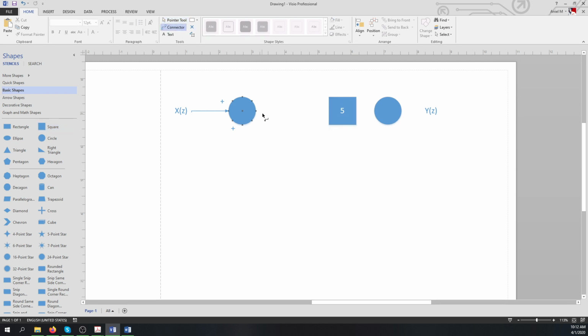Then we can put our connectors here accordingly. And the summation point here is also going to be summation, addition.